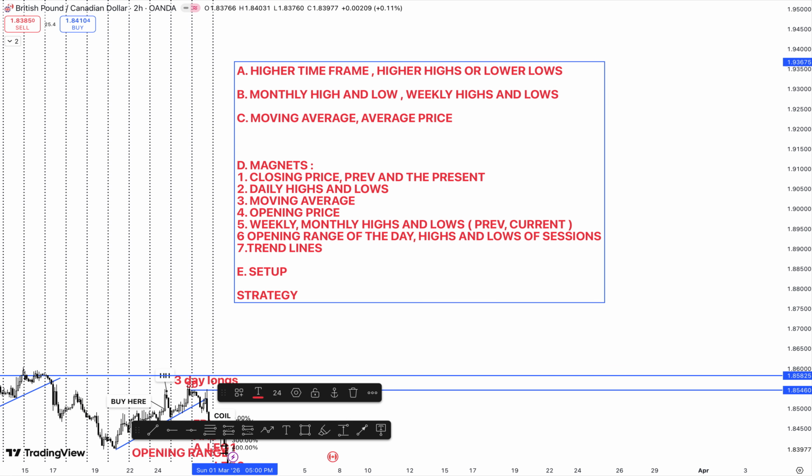We have supply and demand traders, we have ICT, we have SMC, we have the Stacey Burke traders, we have the Al Brooks, Jim Dalton, Peter Brandt patterns on higher time frame, and a whole lot of veterans with strategies in the market. So we want to understand the setup.